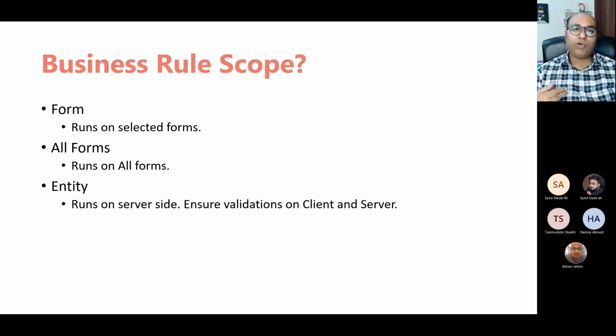If only one field is required, let's say street one, we can just go to the field configuration and mark it as required. In that case, it doesn't matter which form it is, it doesn't matter what condition it is, it's required on the table level. So it will always ask you to fill that data in order to create or update that record. In contrast, business rules can do more conditional requirement levels.